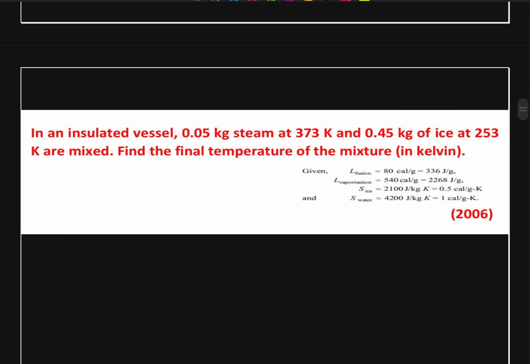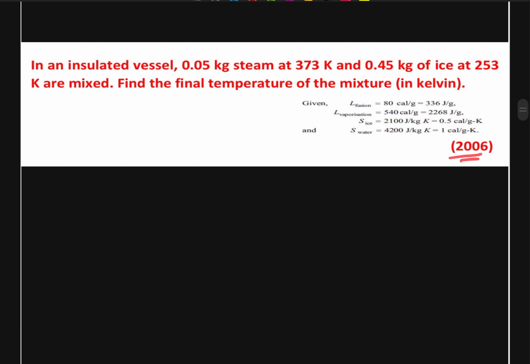Next question. It was asked in the year 2006 and it states that in an insulated vessel 0.05 kg steam at 373 Kelvin and 0.05 kg of ice at 253 Kelvin are mixed. Find the final temperature of the mixture in Kelvin. We are given the latent heat of fusion, latent heat of vaporization, specific heat of ice and specific heat of water.